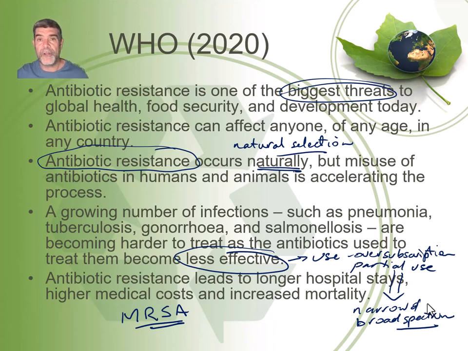So they're going to destroy bacteria in general, whether they're good or whether they're bad, and they tend to affect both the gram-positive and the gram-negative to various extents. Narrow spectrum are much more targeted, and they're designed to specifically look at either one or the other, gram-positive or gram-negative, and perhaps even more specific than that. So narrow spectrum are really those targeted antibiotics that are looking at wiping out particular pathogens, whereas the broad spectrum ones are trying to do a more general job.